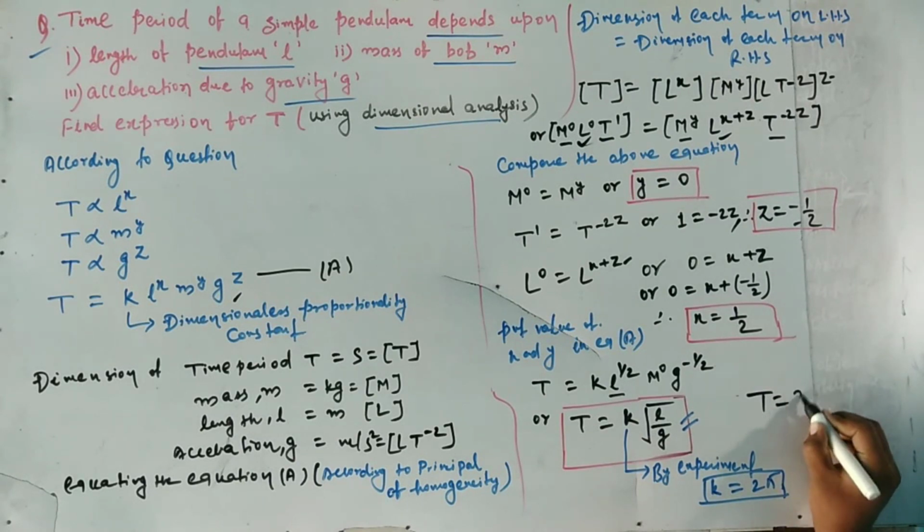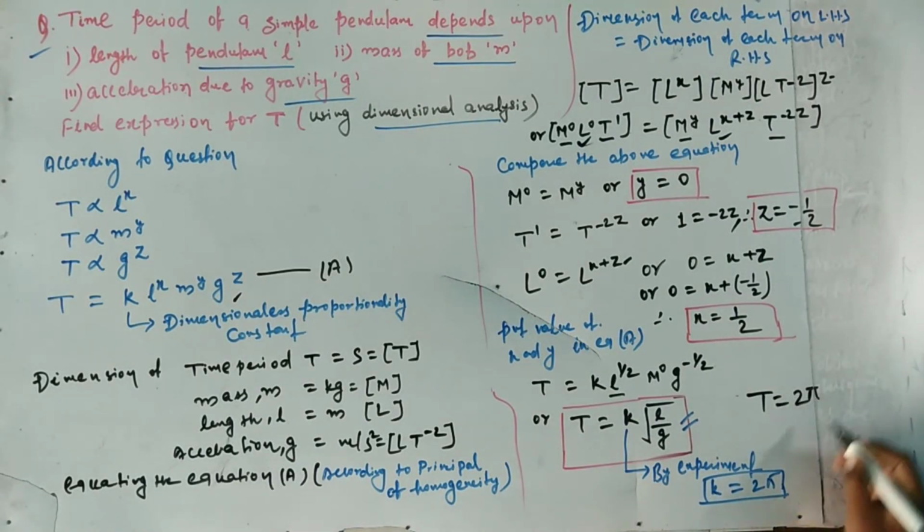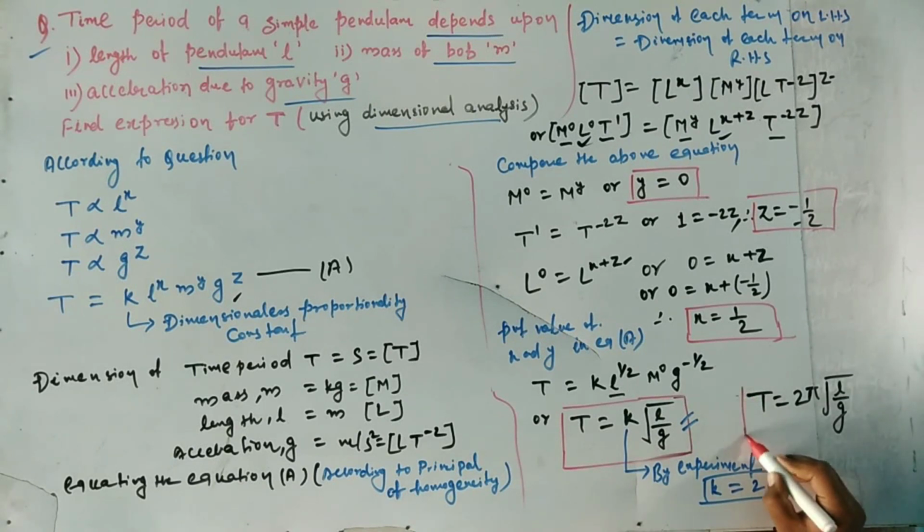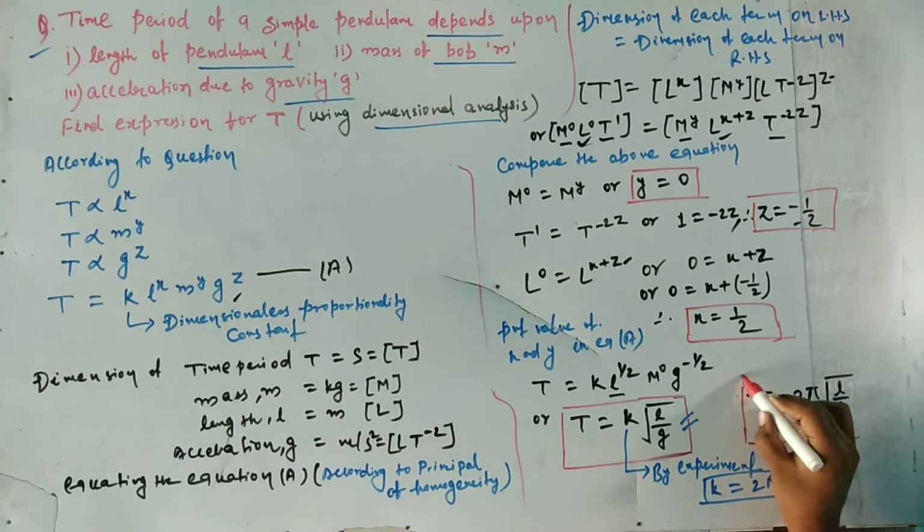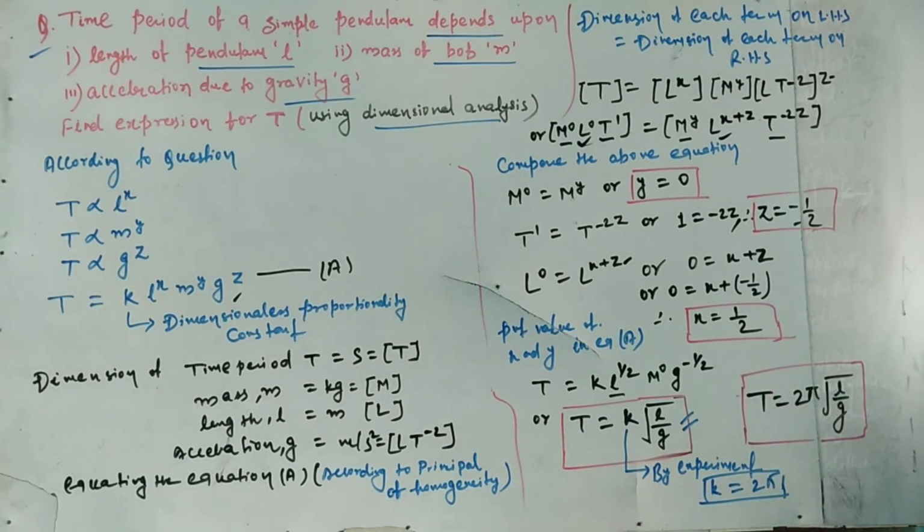Therefore when we put K equal to 2 pi, the equation will be T equals 2 pi into root over L by g. This is the final equation for the time period of oscillation of a simple pendulum. Both equations are correct: according to the question, T equals K into root over L by g is correct, and the final equation is T equals 2 pi root over L by g.